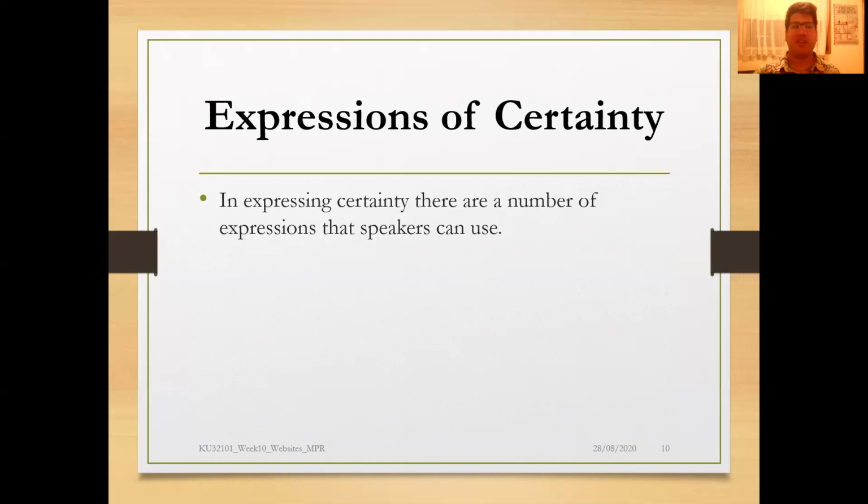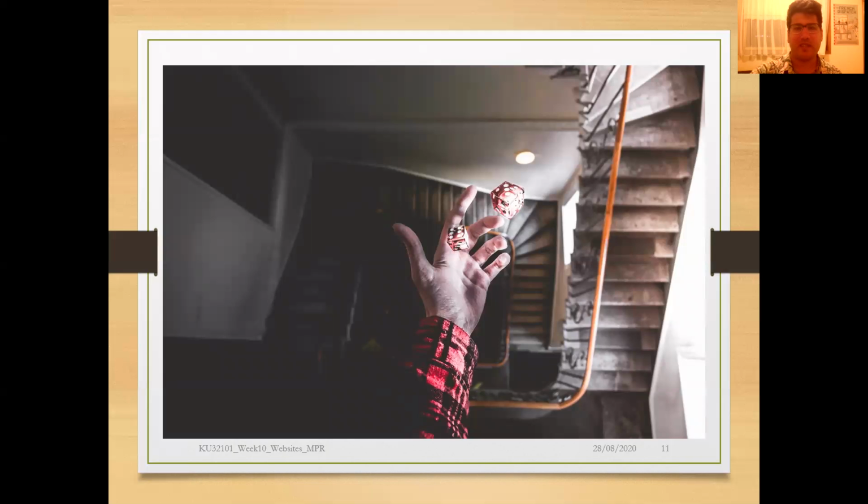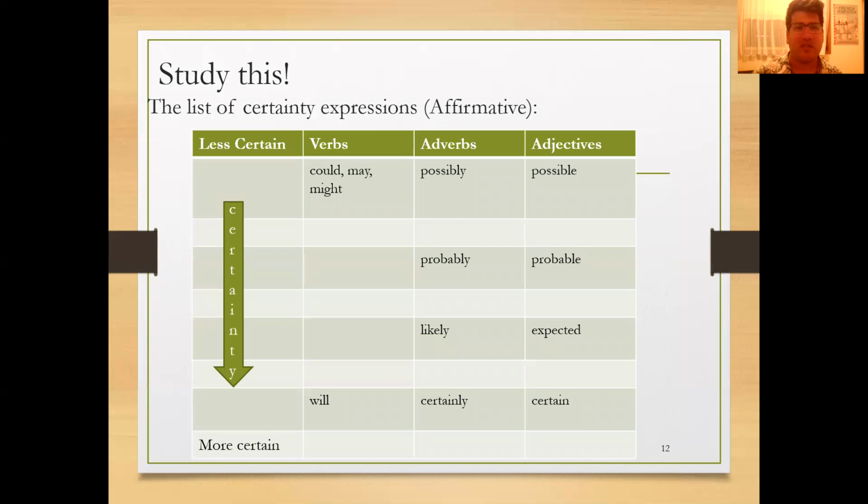Okay, so the grammar for today, expressions of certainty. In expressing certainty, there are a number of expressions that speakers can use. Here is our list of certainty expressions in the affirmative. In the affirmative means it's saying yes, it's positive.